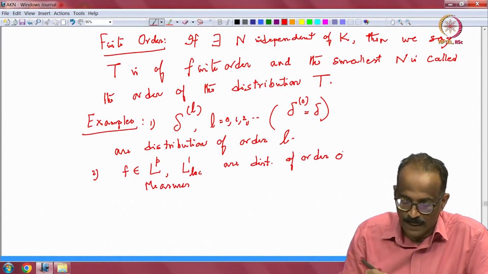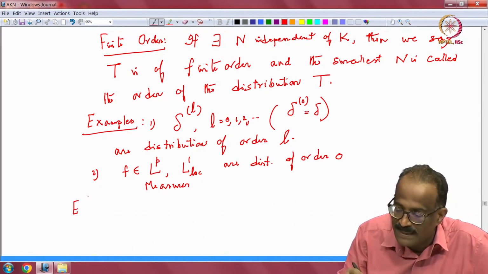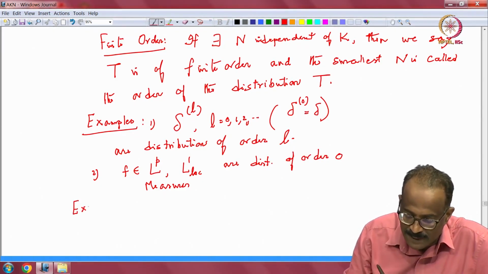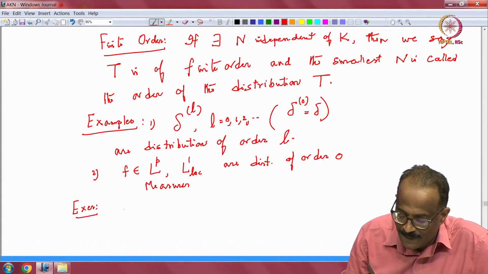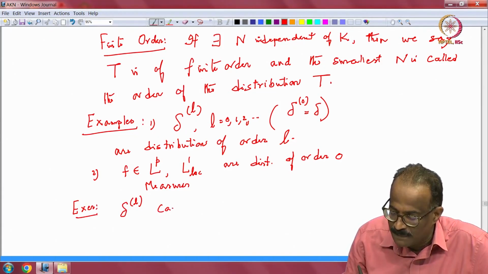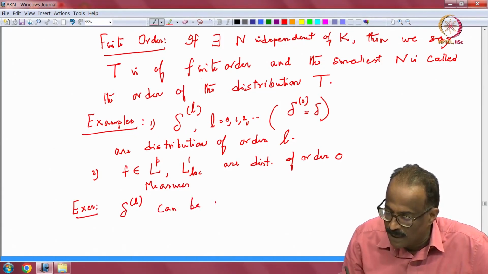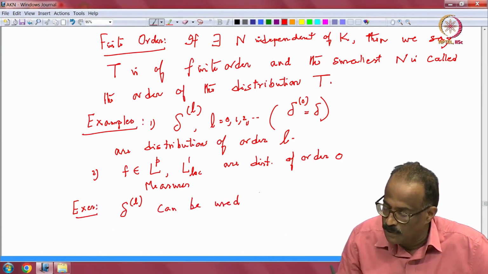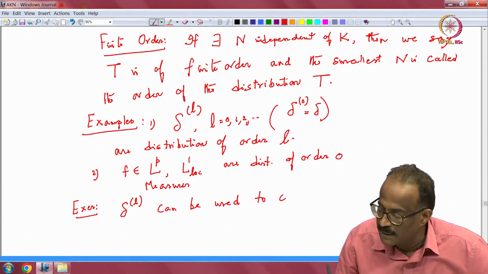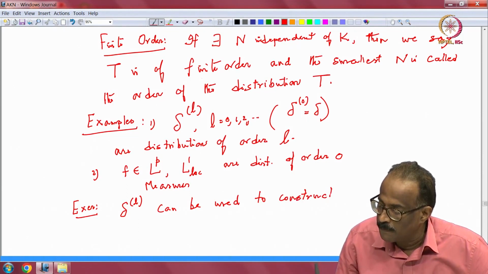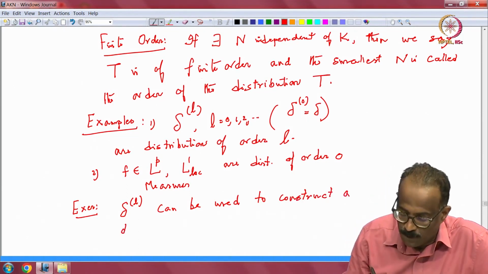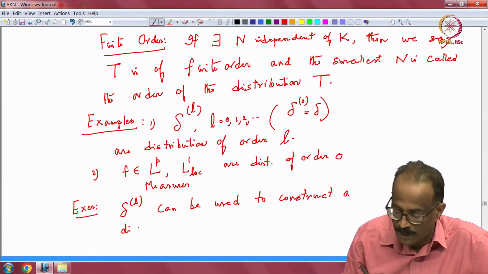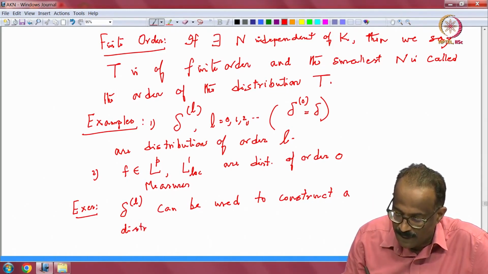Here is a very small exercise: delta_L can be used to construct a distribution of infinite order.